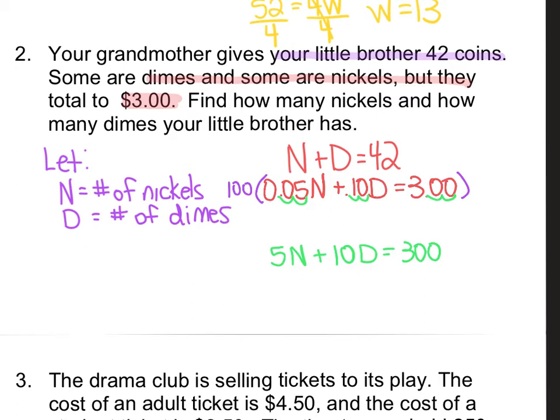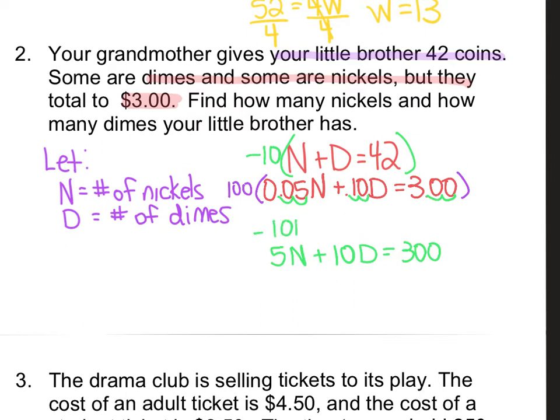But now we see we need something to cancel out. Usually I would look at what my problem's asking for to see if I could eliminate whatever it's not asking for, but it does want both nickels and dimes. So I am going to multiply this top one. I'm just going to go ahead and eliminate the dimes. That means I'd multiply everything by -10.